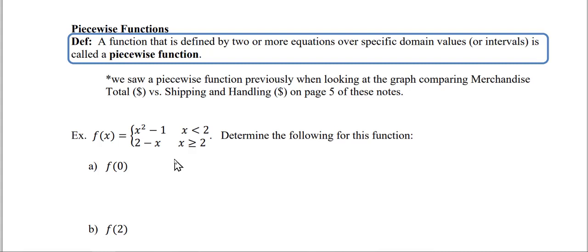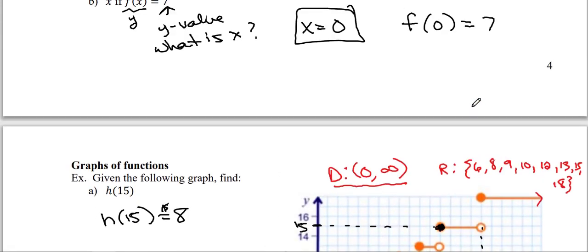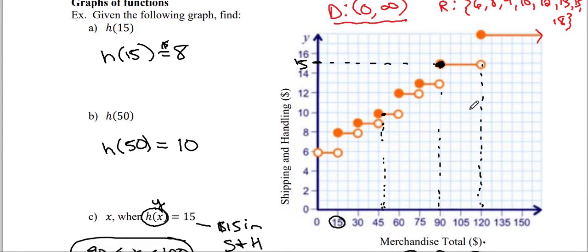Okay, piecewise functions is our next topic for this particular part of the notes. It is a function that is defined by two or more equations over specified domain values or intervals. That is a piecewise function. When we looked at that merchandise versus shipping and handling example on page 5 of these notes, let's scroll back up here, this right here is a piecewise function because it has different equations for different parts of the domain.